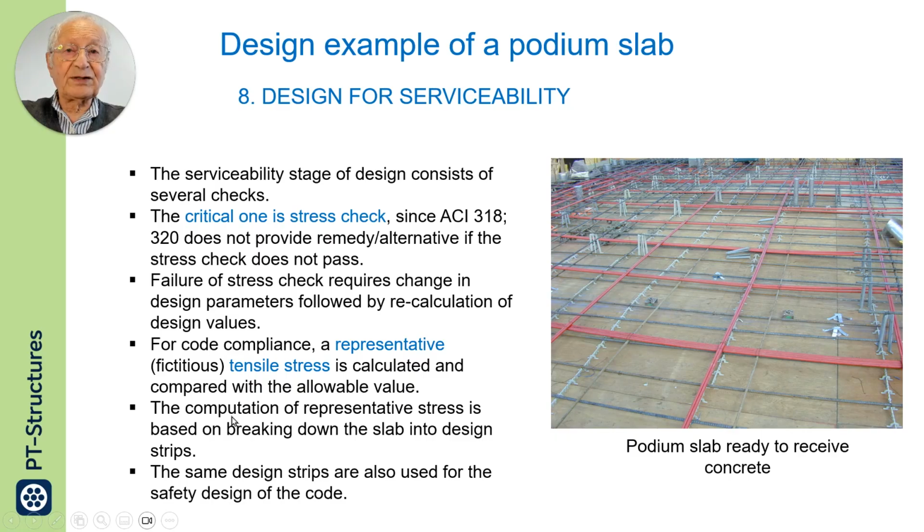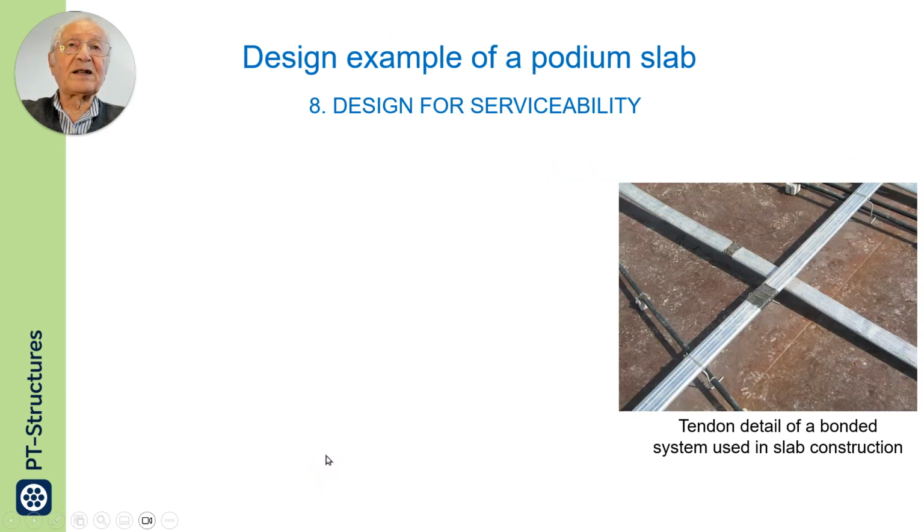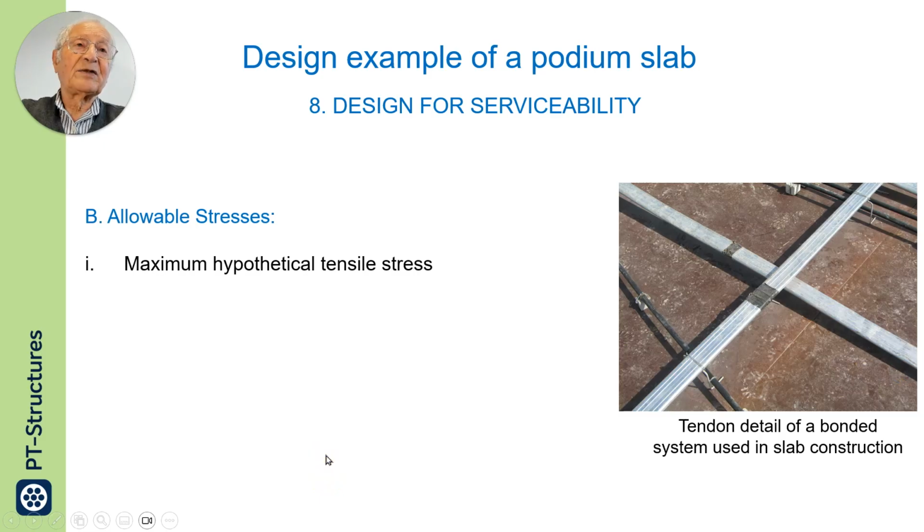The computation of representative stress is based on breaking down the slab into design strips. The same design strip is also used for the safety check. So we break the slab into design strips to do stress check, and then we do safety check. In another presentation of this series, the steps to break into design strips are detailed.